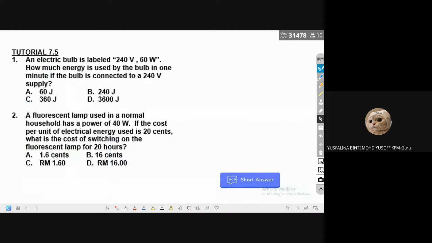Alright, so for this one, an electrical bulb is labeled 240 volt, 60 watt, right? How much energy is used by the bulb in 1 minute if the bulb is connected to a 240 volt supply? So P equals VI. Actually for the energy, we know the formula is E equals PT, right?